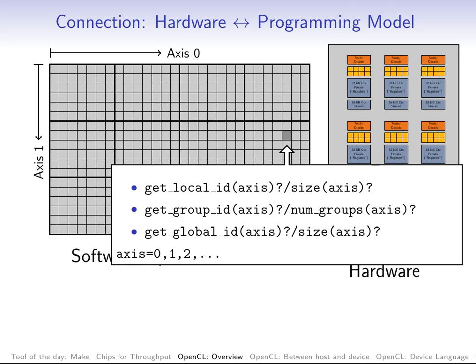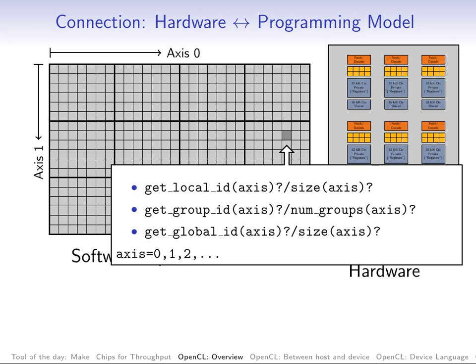Here's the little highlighted guy. What's his local ID? Local ID of 0. Let's build a consensus. So it's relative to this thing here, and like everything in C, it's numbered starting at 0, right?